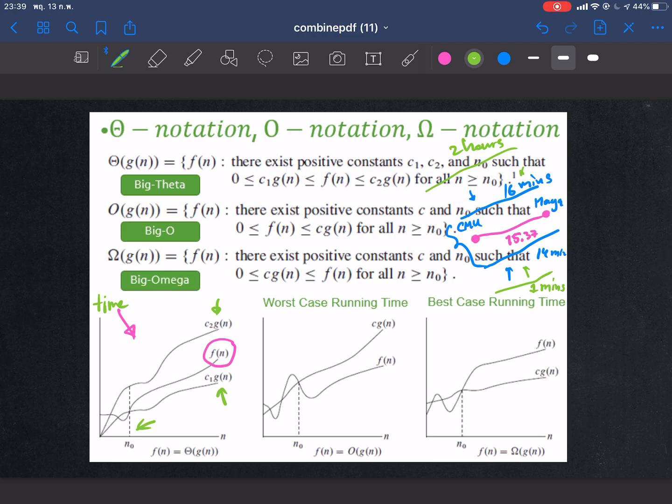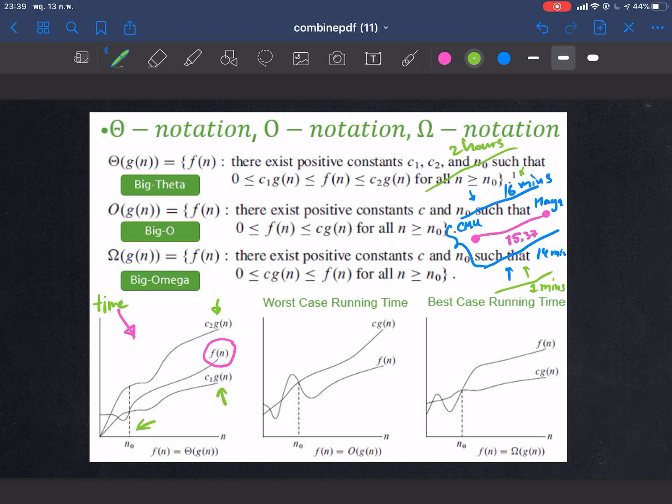But it is true, it bounds, and it follows the asymptotic notation definition. However, the green one is the loose bound, which means it is farther from your running time, and the blue one is the closer time or tight bound, which is close to the time of your algorithm.